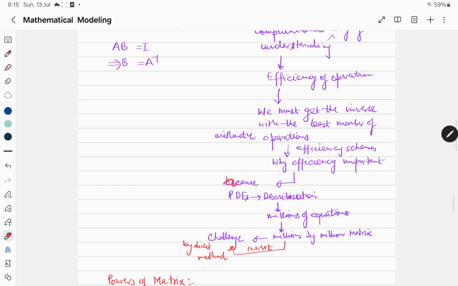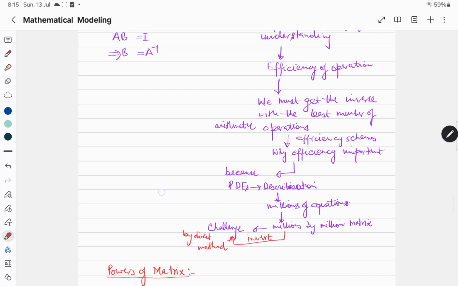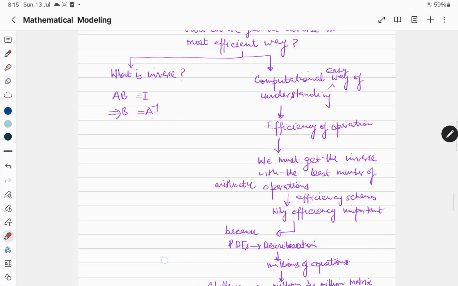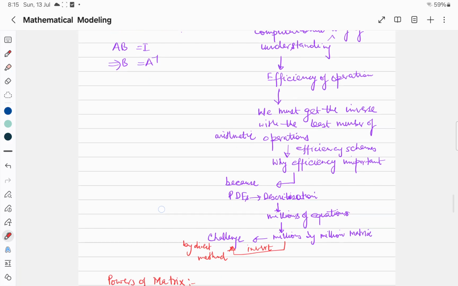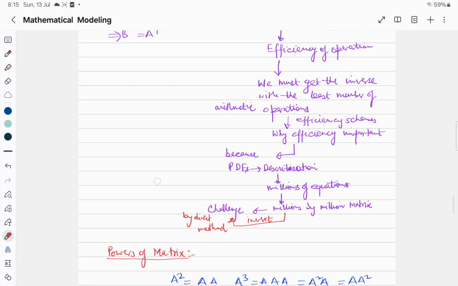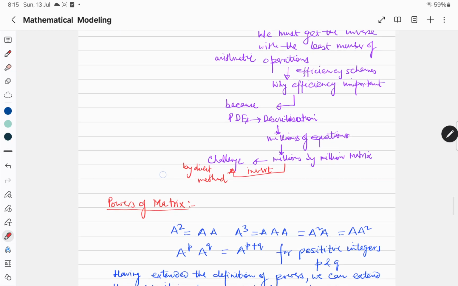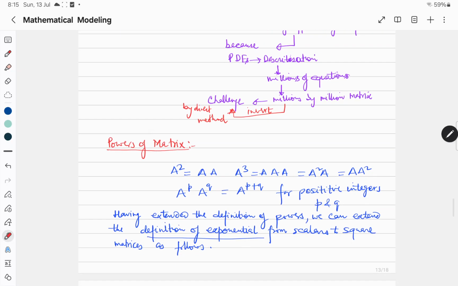Because if you discretize PDEs, you will get millions of equations, so you will get a millions by millions matrix, and inverting it by a direct method is a big challenge. So you must understand some methodology, computational ways, so that we get the inverse with the least number of arithmetic operations. The next concept in this sequence that we must understand is the power of a matrix.